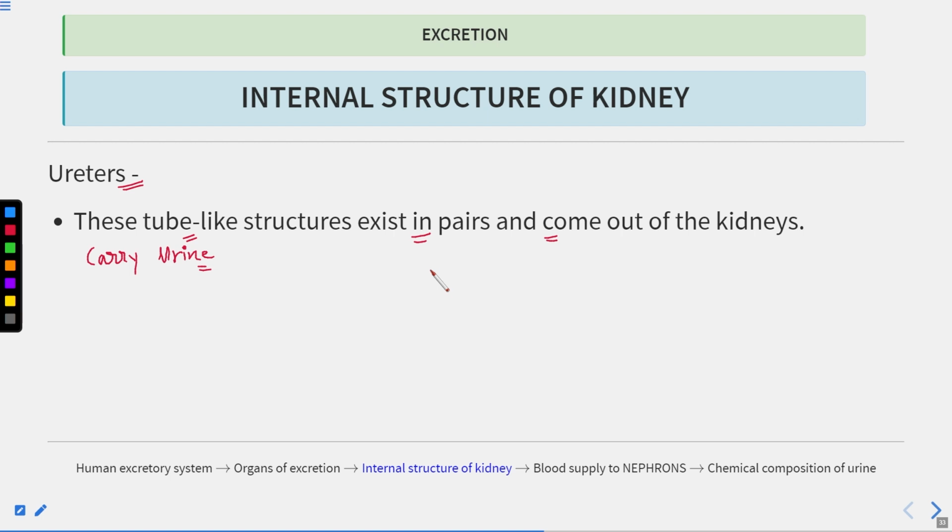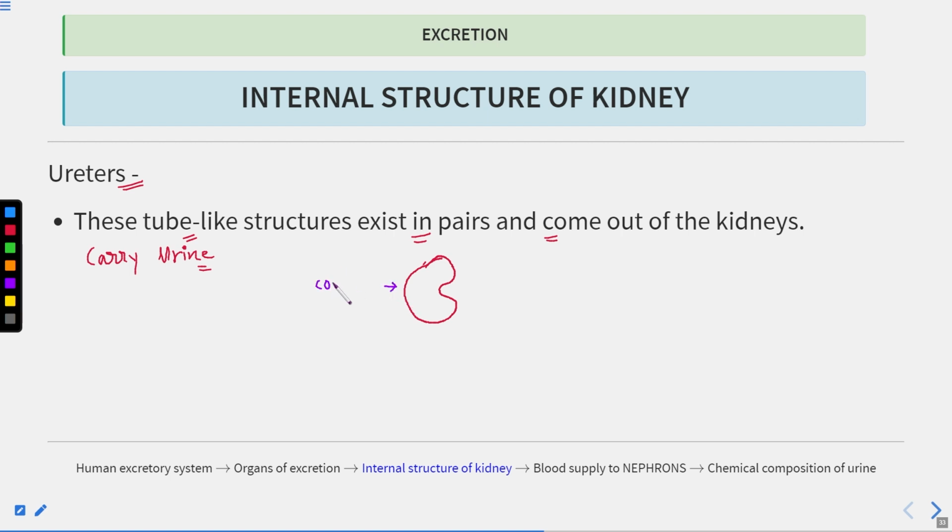So, I've already told you, this is the kidney. The kidney is a bean-shaped structure. It has a little depression here, and this depression is known as the hilum. You can see here the kidney has a convex surface and a concave surface.